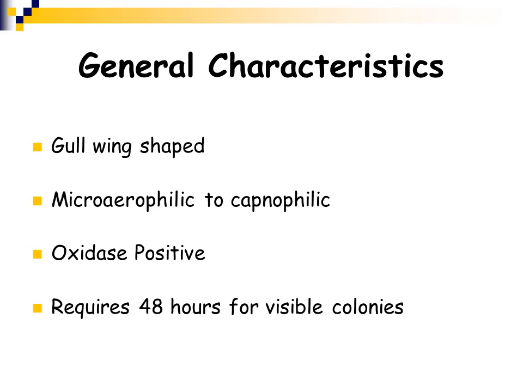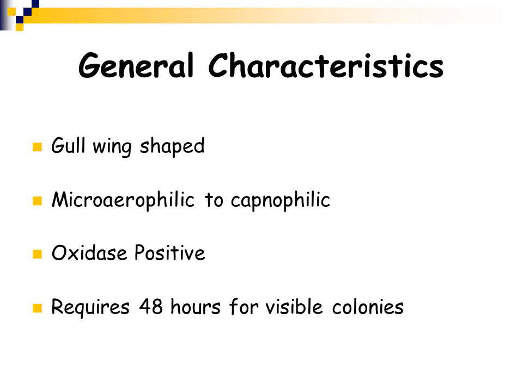Now the key thing about Campylobacter is it is a microaerophilic to capnophilic organism. So it has to be grown under very specific atmospheric conditions, unlike most of the bacteria we've talked about thus far, most of which are facultative, so they can grow in either an ambient air incubator or a CO2 incubator.